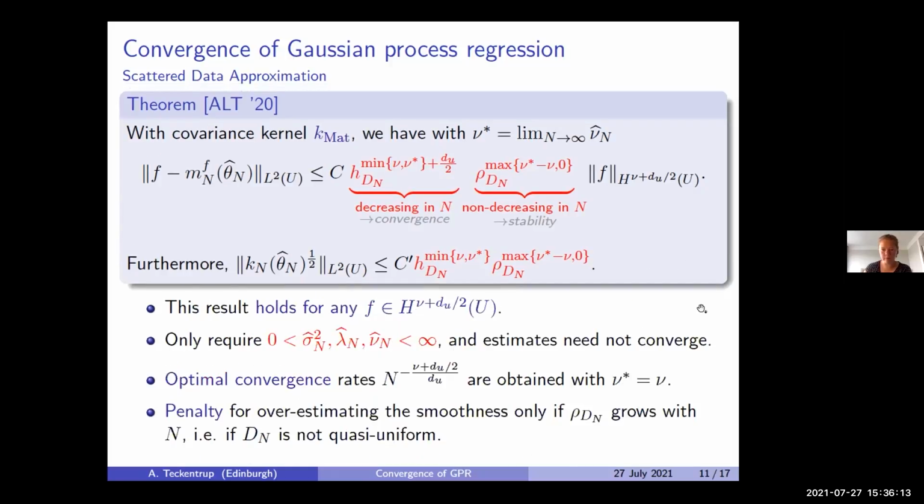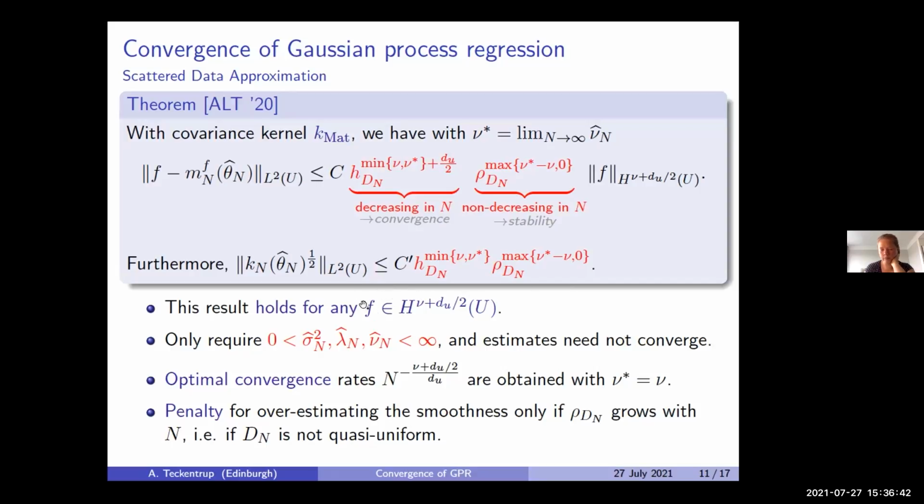Let me briefly cover the main points again. The only assumption that you need for this to hold is that the function f that you are approximating is in the Sobolev space, so it has nu plus d/2 derivatives that are square integrable. The nu just needs to be greater than 0, but other than that, you can have any nu between 0 and infinity.